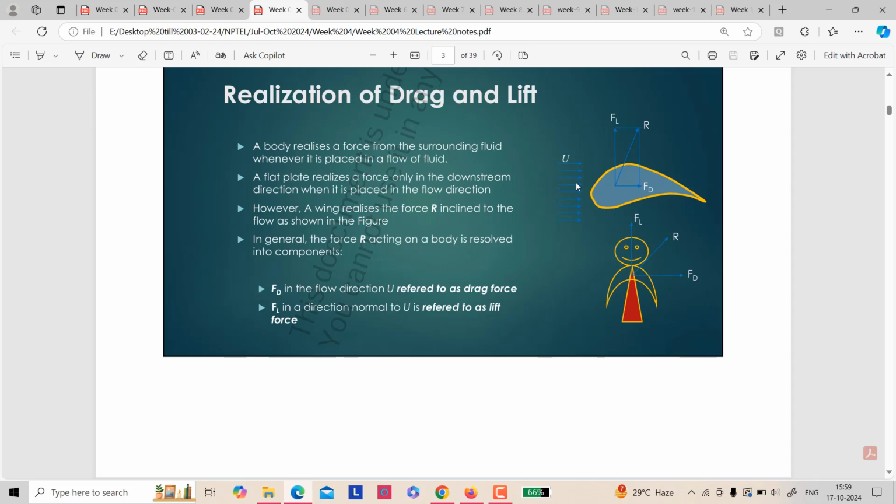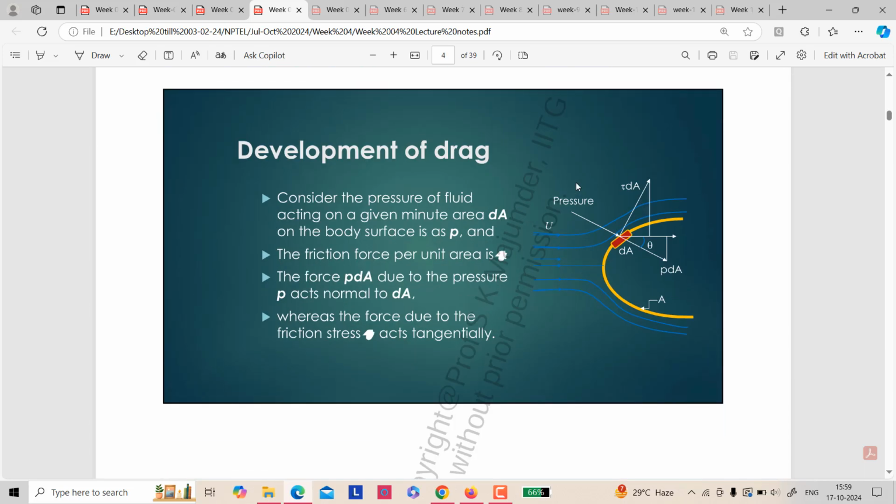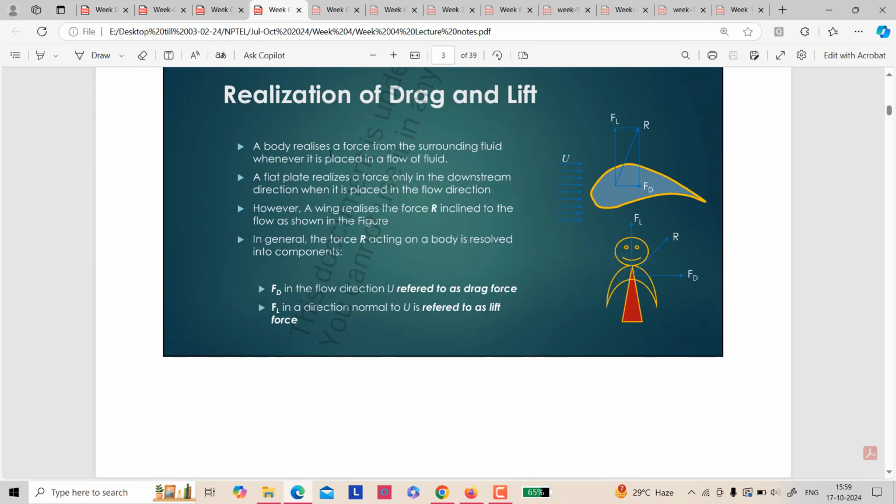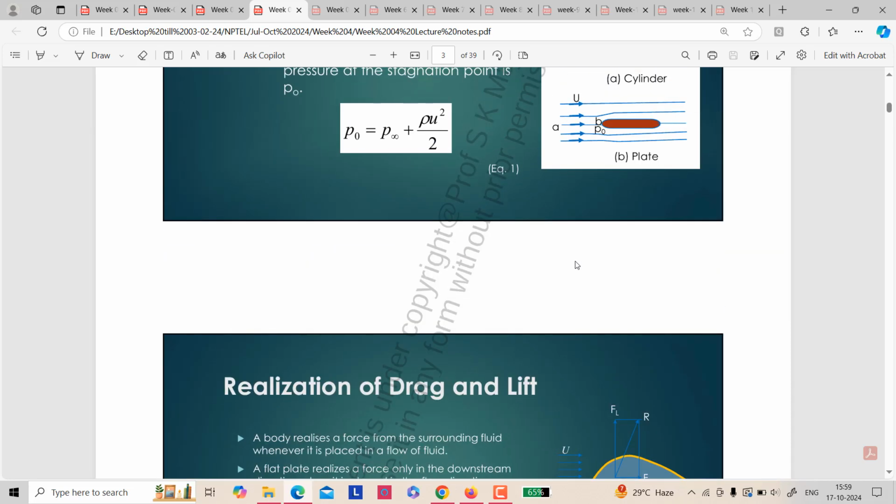This is the drag and lift. A body experiences a force from the surrounding fluid whenever it is placed in a flow of fluid. A flat plate experiences a force only in the downstream direction when it is placed in the flow direction. So that is the drag and lift.